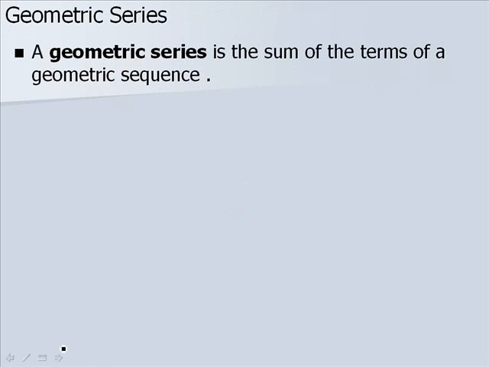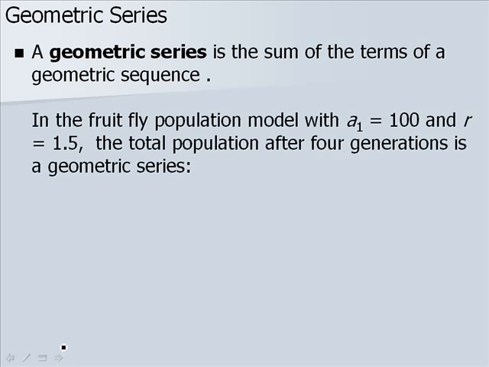A geometric series is the sum of the terms of a geometric sequence. In the fruit fly population model, with A1 equal to 100 and R equal to 1.5, the total population after 4 generations is a geometric series. We would add up A1 plus A2 plus A3 plus A4.